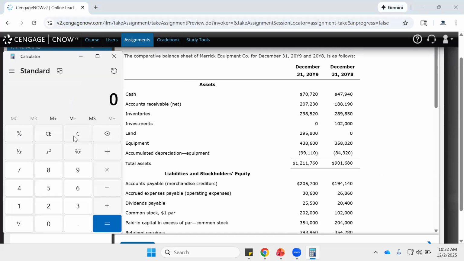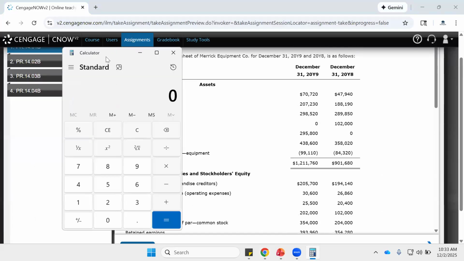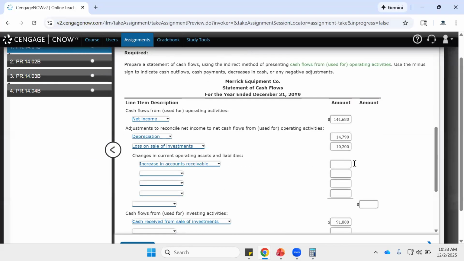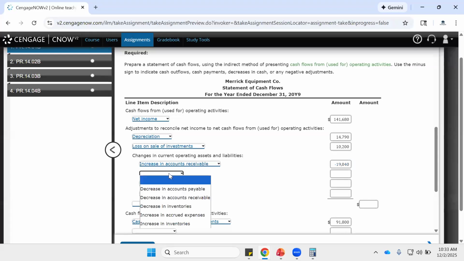And so that's going to reduce our operating cash flow. So 207,230 minus 188,190 is 19,040, and that's going to be negative because it's a current asset that's increasing, and that reduces our operating cash flows.